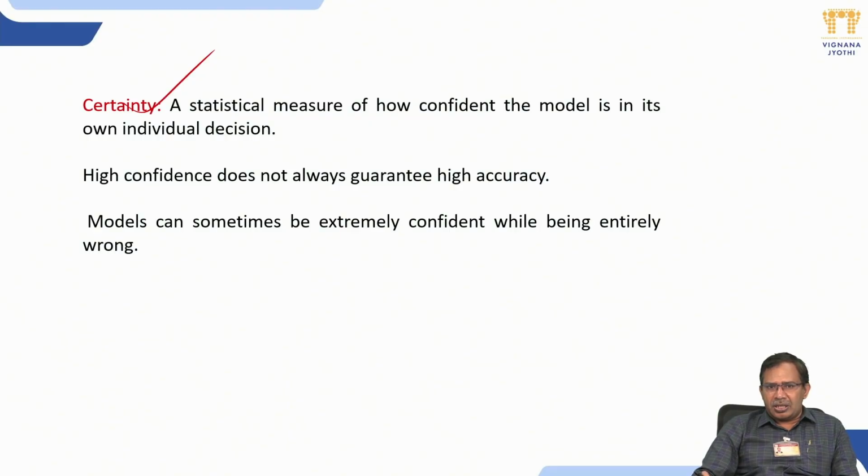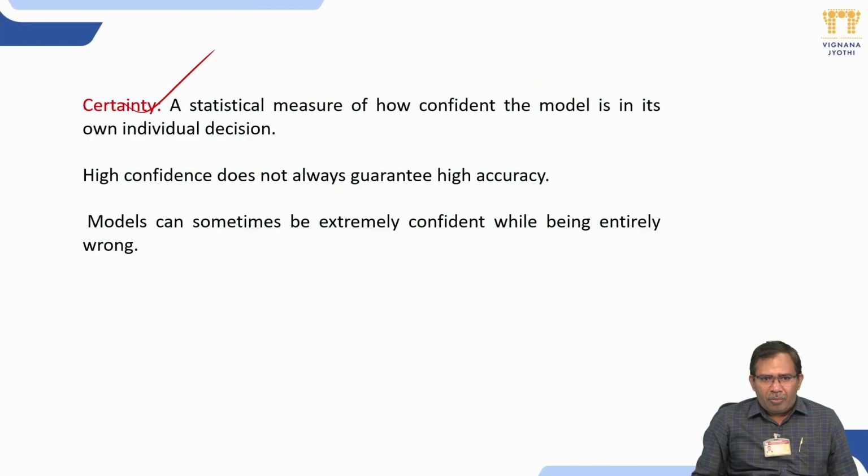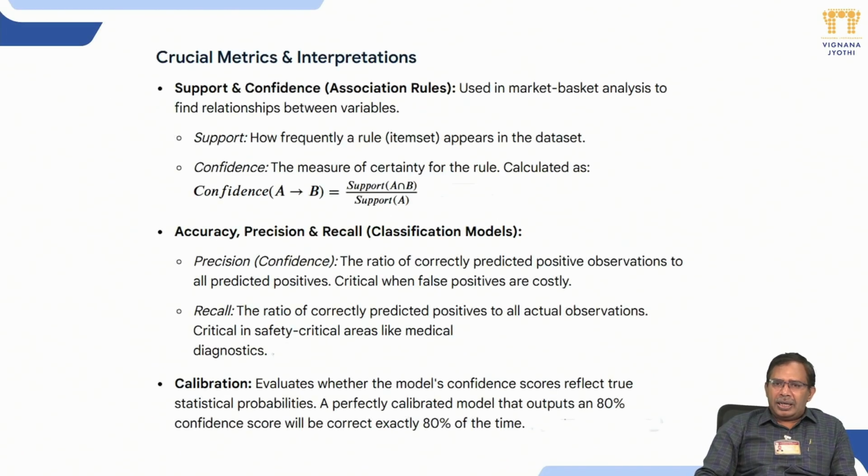High confidence does not always guarantee high accuracy. Models can sometimes be extremely confident, but their performance will not be up to the mark. So confidence is not directly proportional to high accuracy. Here we have the crucial metrics, support and confidence, for association rule mining.